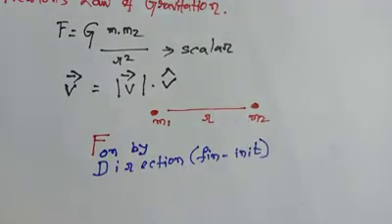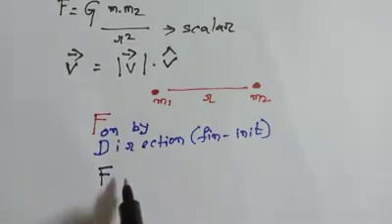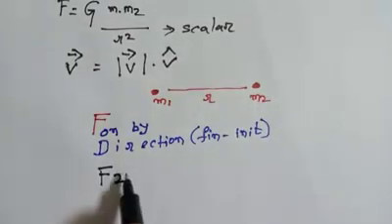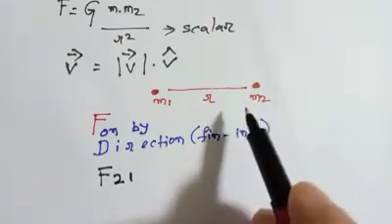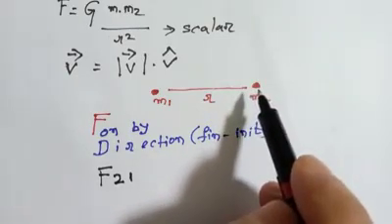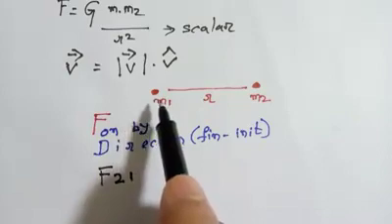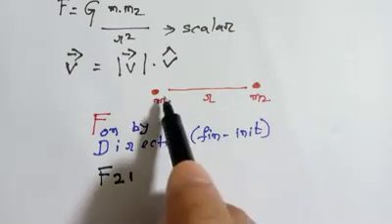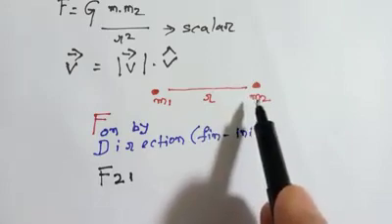So it is quite simple and it becomes obvious that if I write F21, that is the force acting on mass 2 or particle 2, which is being pulled by mass 1. You can remember it this way: force acting on 2, pulled by mass 1, on 2 by 1. This is on 2 and this is by 1. So the final is m1 or 1 and the initial is m2.